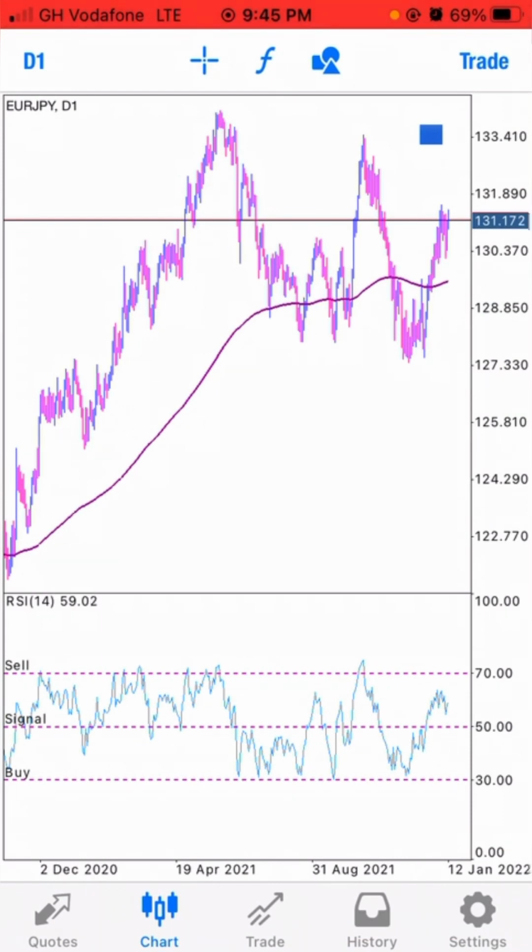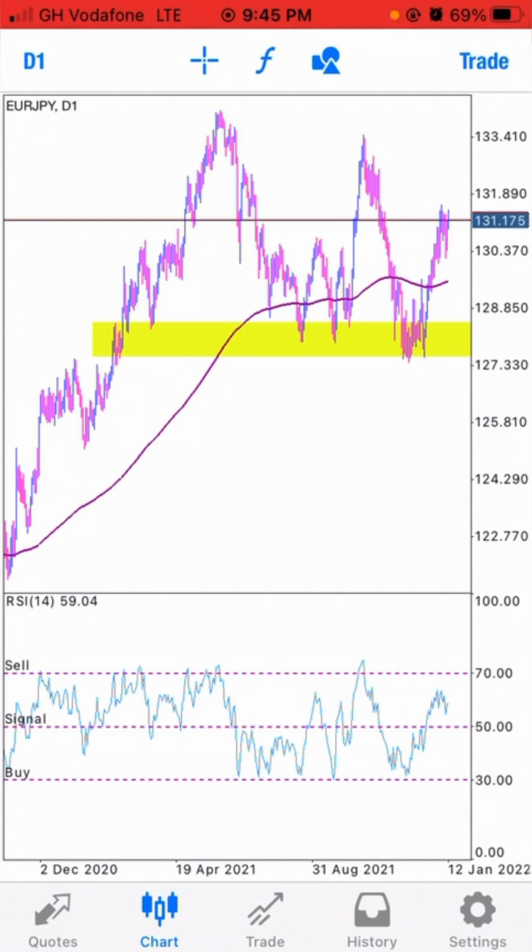So we have a key zone here, understand? But this one has been tested multiple times. So the next time or the next touch price will make will possibly break down.